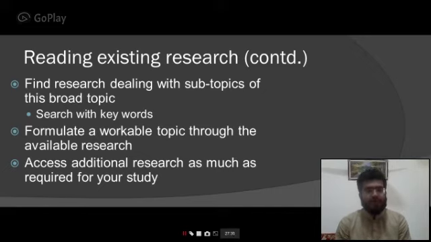Now as you read, you should be looking at the subtopics of the general topic you have chosen for research, or in other words, try to look at different aspects of the topic which are relevant to your study, and then once you somehow locate these sub points of your topic, try to find more research addressing all of these aspects, all of these sub points.